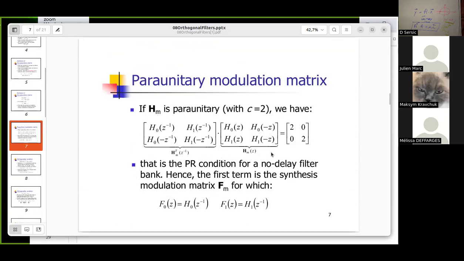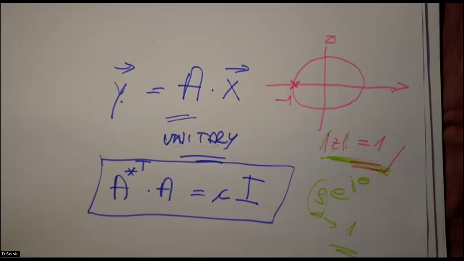Okay. So let's write down our para-unitary matrix. I will go back to lecture number 6. Let us recall what was our modulation matrix.